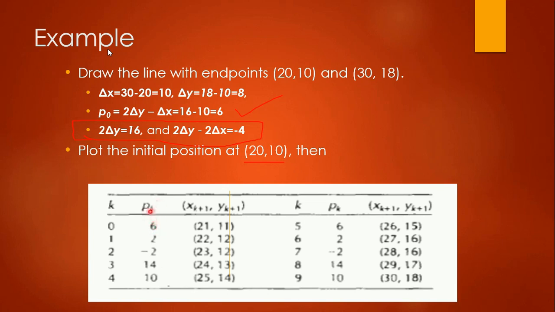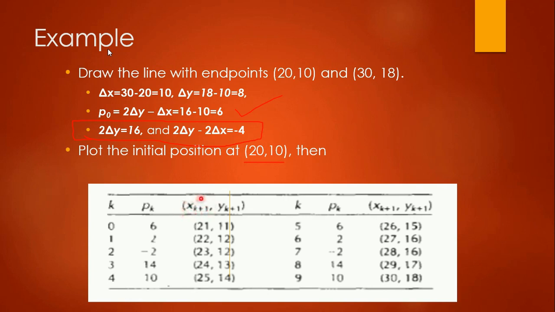Now depending on this pk value, we are going to decide whether to increment both x and y, or only to increment x. So you have two cases. When pk is negative, you are going to increment only the x position, xk plus 1.